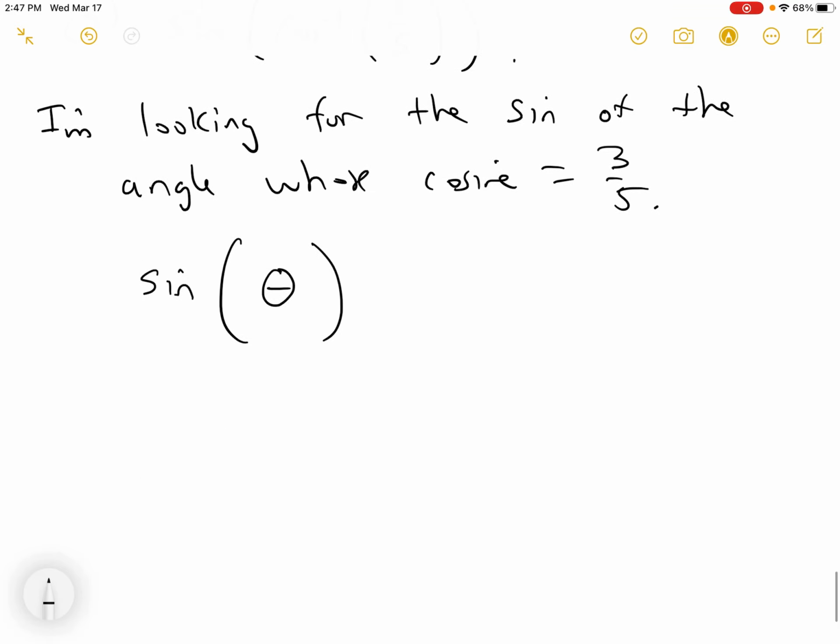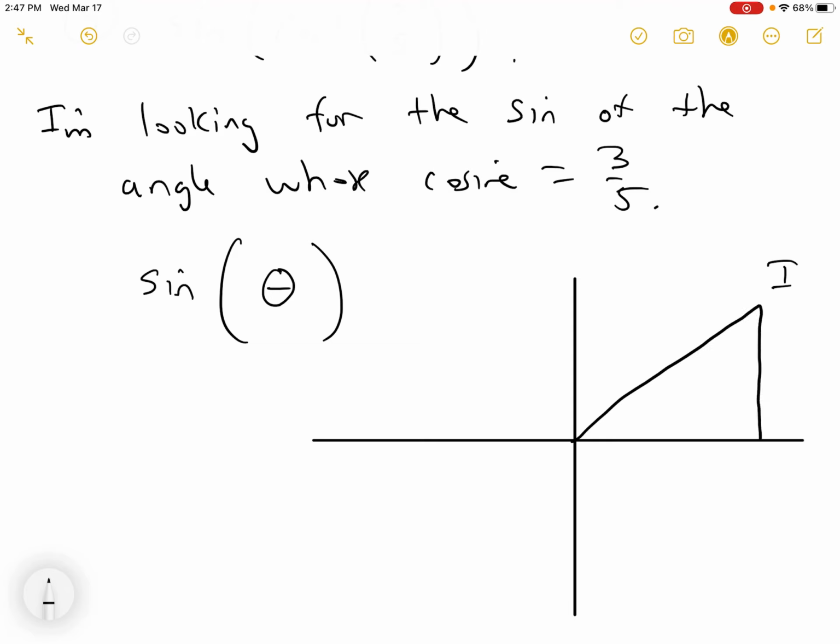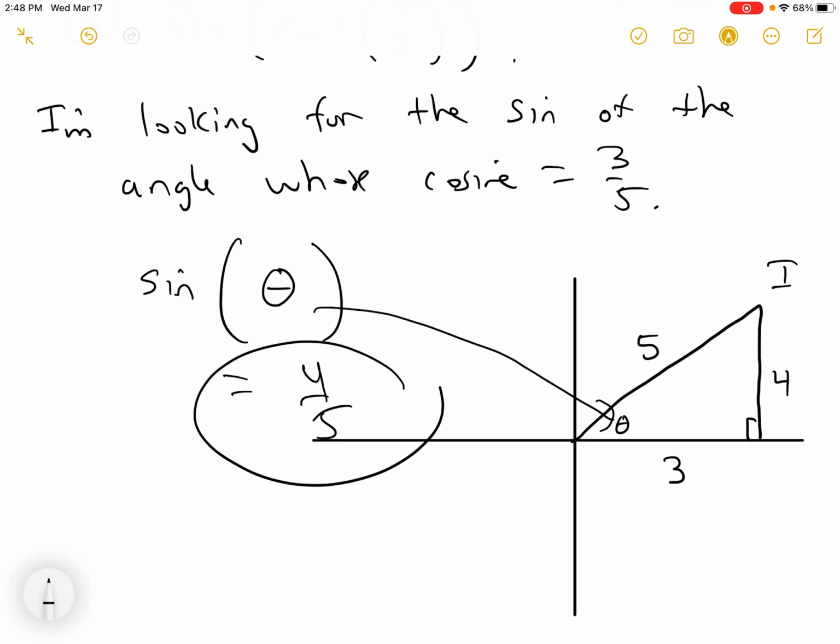So here's what we do. We go, okay, I can do this. Use my triangle here. Cosine is positive, so I'm in quadrant 1. And I go and build a triangle here. There's theta. Cosine is 3/5. So this side is 4 because it's a 3, 4, 5 triangle. All right. So the sine of this angle is 4/5.